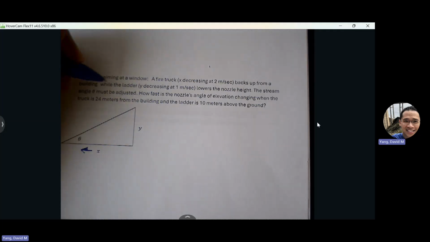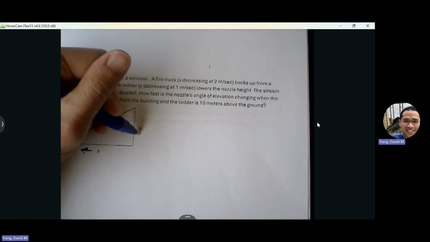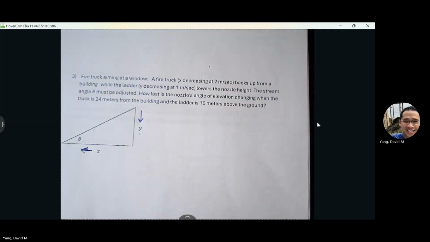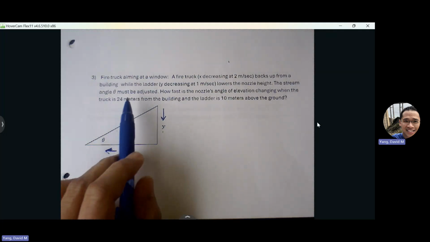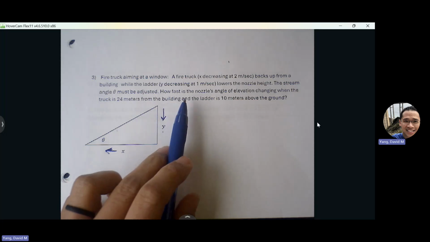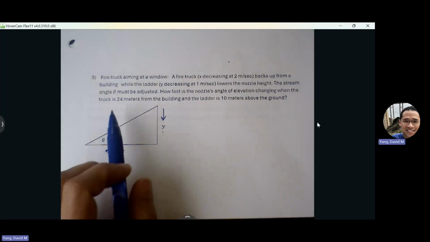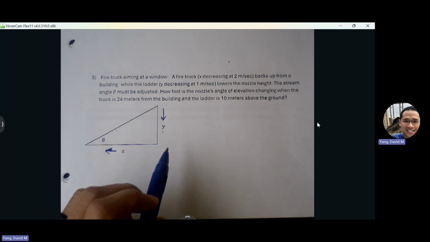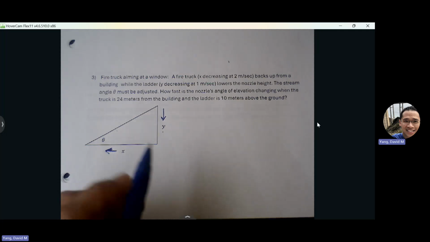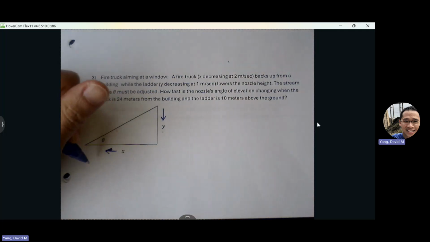Is backing up from a building where the ladder is decreasing at 1 meter per second. It lowers the nozzle height, and that's causing that theta to be changing. The stream angle theta must be adjusted. How fast is the nozzle's angle of elevation changing when the truck is 24 meters from the building and the ladder is 10 meters above the ground?